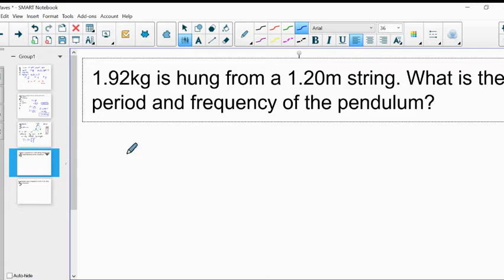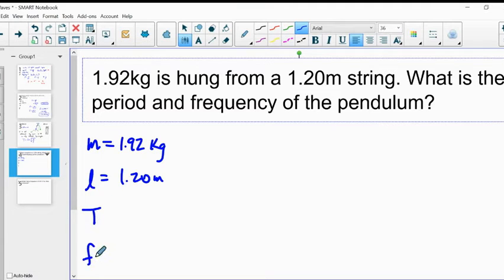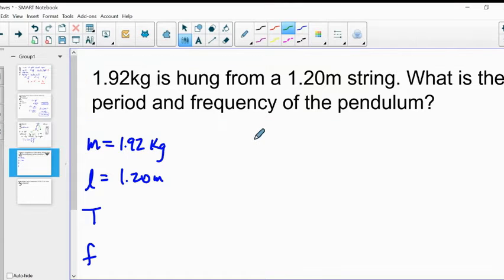Here I have a mass of 1.92 kilograms being hung from a string with a length of 1.20 meters. I want to know the period and the frequency. We just found that this is 2 pi times the square root of the length divided by gravity.